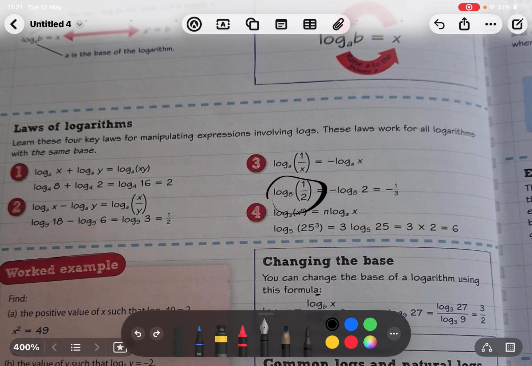But let's do it as an example. Let's say we have log 8, and then log a, which basically equals 1/3. Okay, now I don't understand this. Oh no, that's not what it's saying. Aha, I understand.